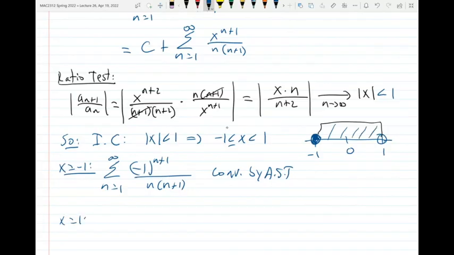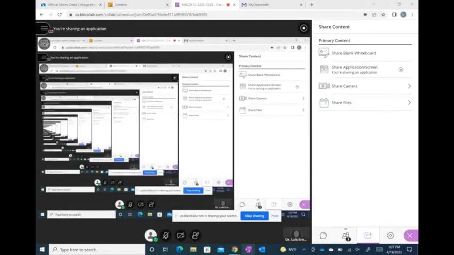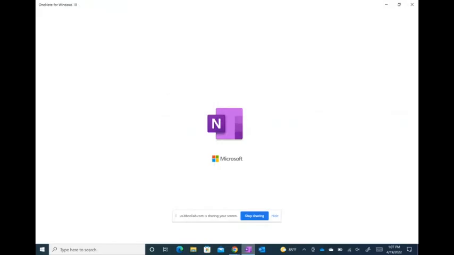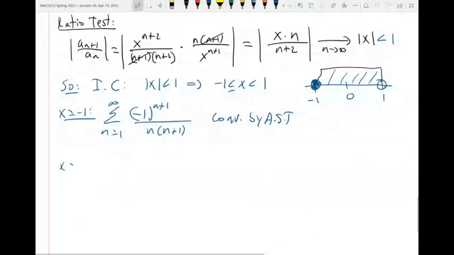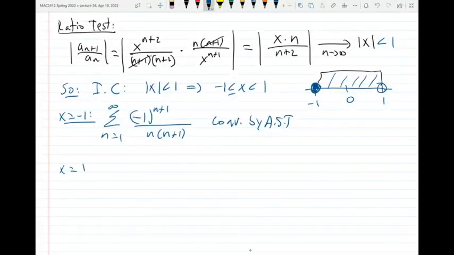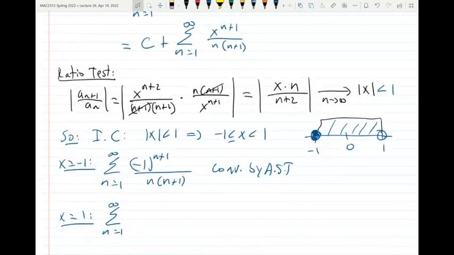And then x equals 1. What do we get? 1 to the n plus 1 power divided by n times (n plus 1). So x equals 1, then we have the sum from 1 to infinity. Let's plug it in. So we get 1 on top, right? 1 to the n plus 1, that's just 1.